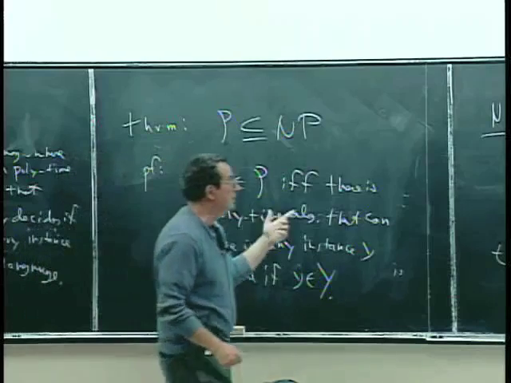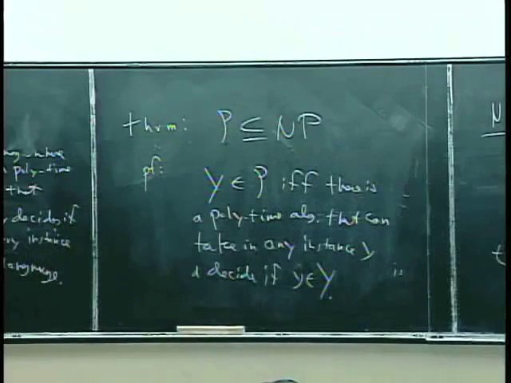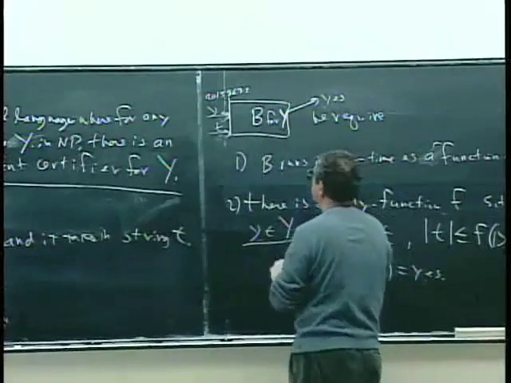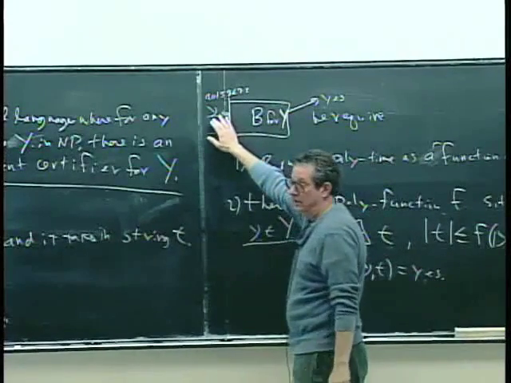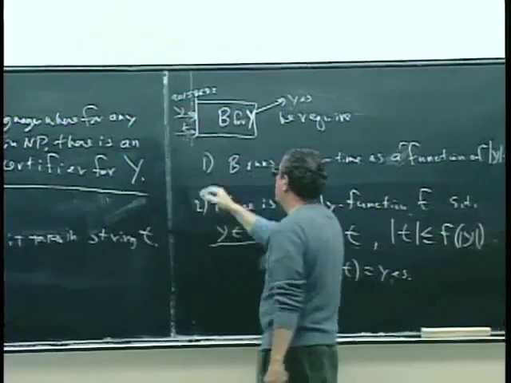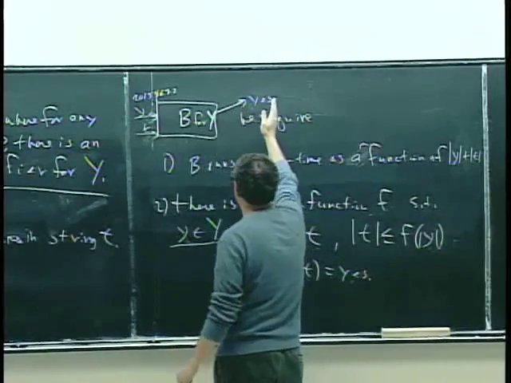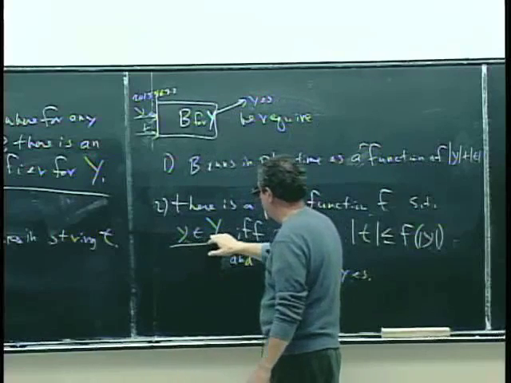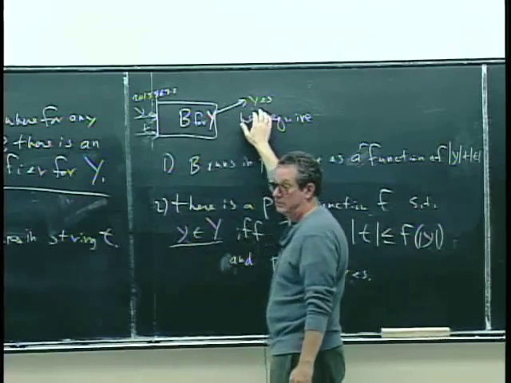What it means to be in NP is that there's a polynomial time algorithm which can take in an instance y and a hint t, which is not huge, and it runs in polynomial time. And if, in fact, y is in capital Y, it'll say yes.